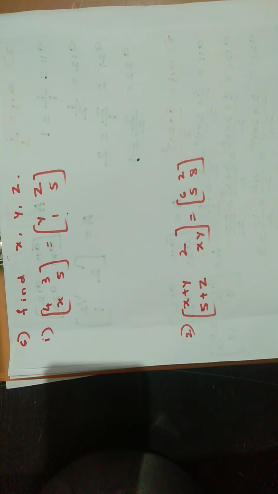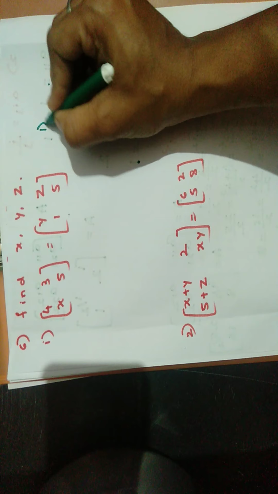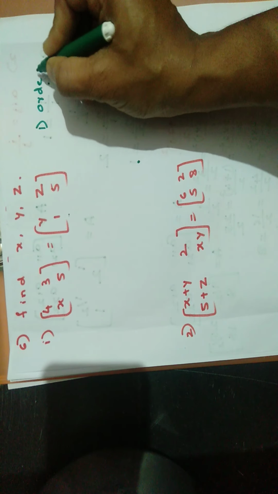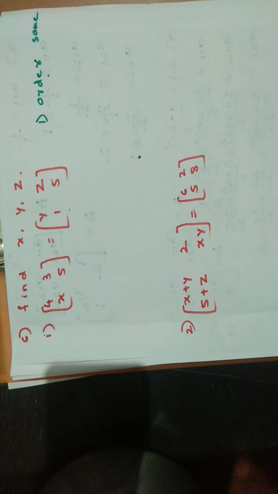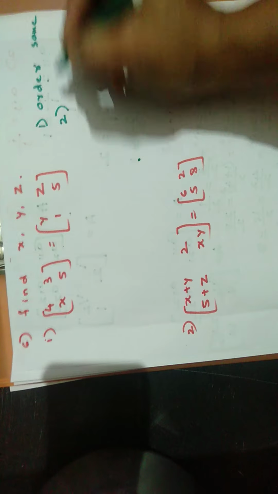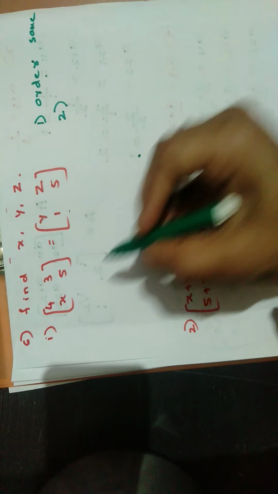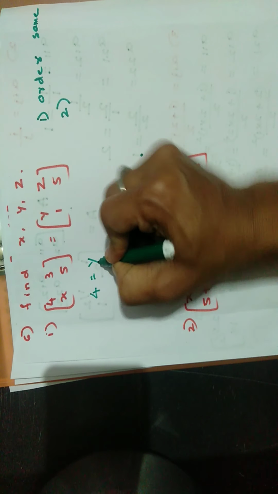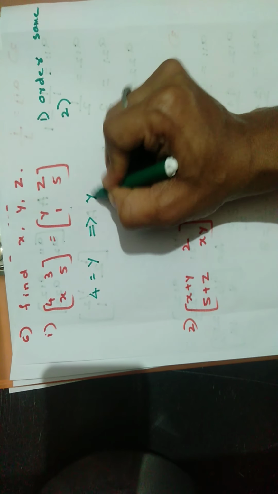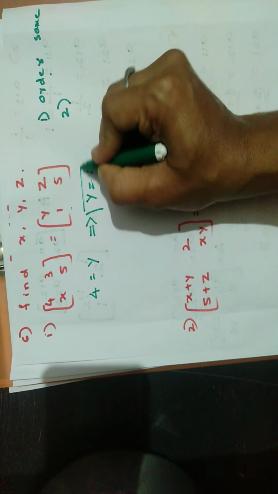Equality of matrices means first condition, they are of the same order. Order must be same. Second condition, corresponding elements are equal. Corresponding elements means 4 is equal to y, which implies y is equal to 4.